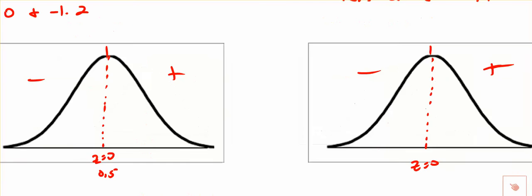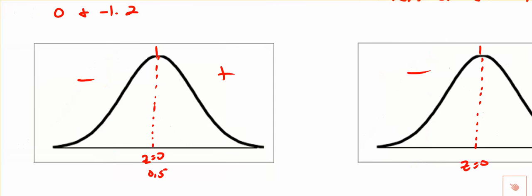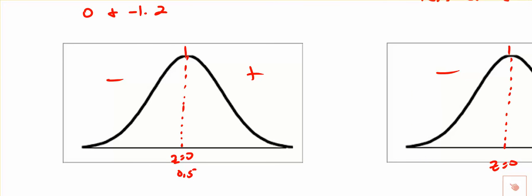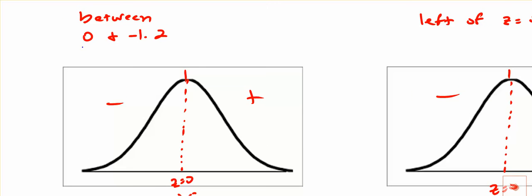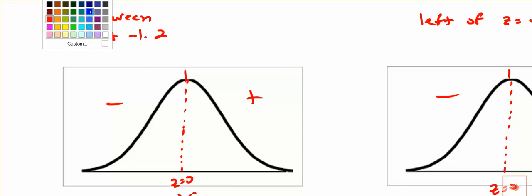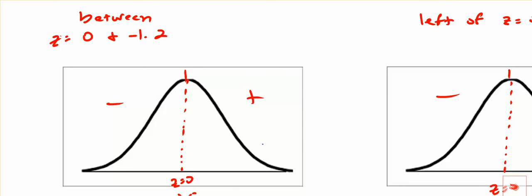So this first one here, we want to find the area under the curve that's between the z-score that equals 0 and negative 1.2, the area between 0 and negative 1.2. So if I draw a little sketch of my curve here, I know my negative numbers are to the left of 0.